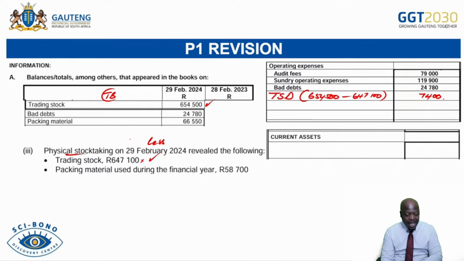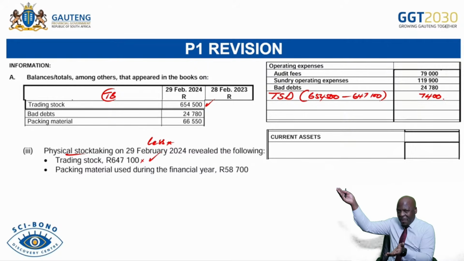So the moment your amount in the trial balance is more than the one on hand, it's a trading stock deficit. Or if you say the amount on hand is less, then it's a trading stock deficit. And the opposite is true where you have a trading stock surplus, where what we have counted physically is more than what is in the business records.